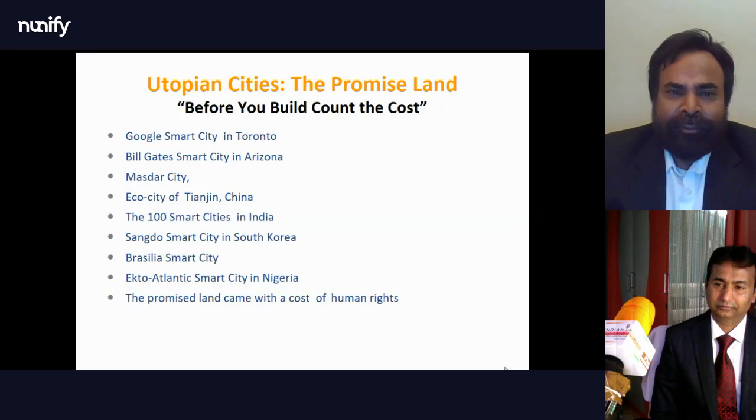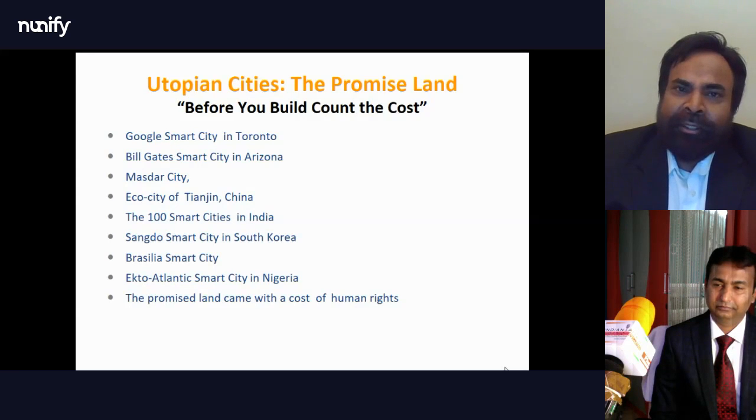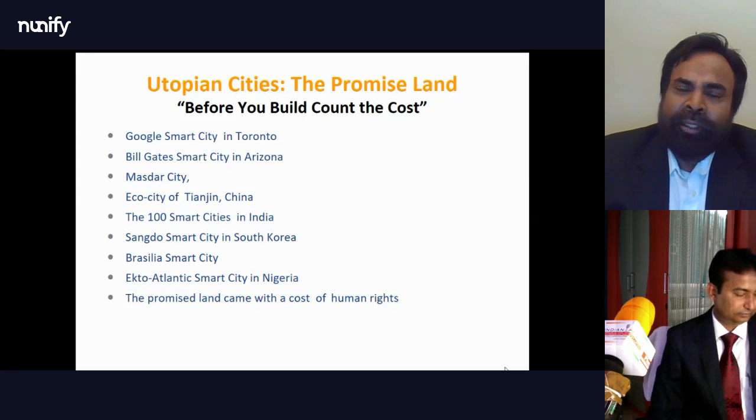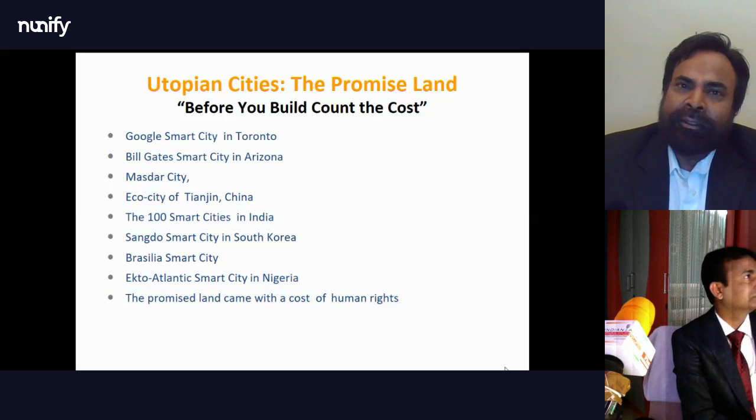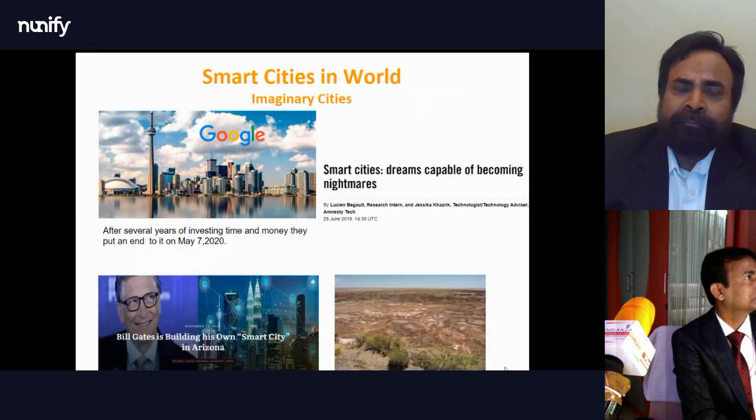There's Eco-City in China. It's like a ghost town. You have the 100 smart cities in India that were announced a while ago. There's Sangdo smart city in South Korea, Brasilia, Eko-Atlantic. All these are promised lands that came with a cost of human rights, and we will see why they have failed.